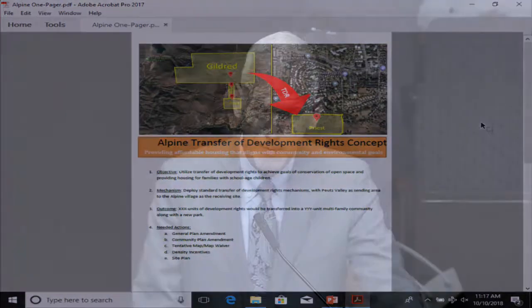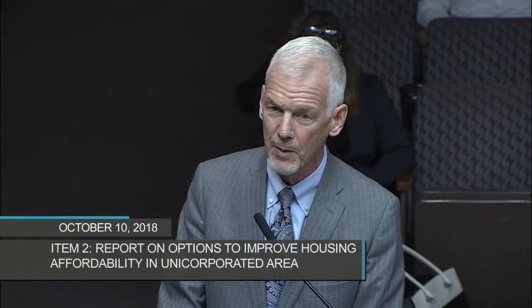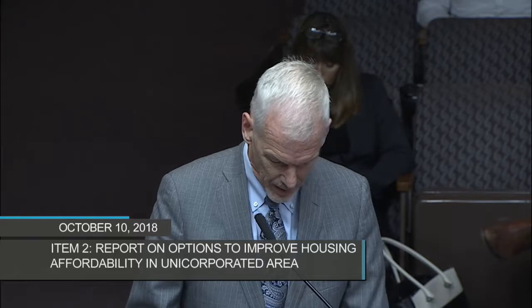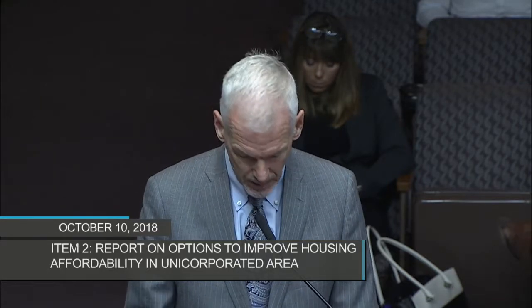We have a mechanism for the first time to think about increasing economic diversity in Alpine, which is hamstrung by a predominance of single-family homes at a very high price point, thus excluding school-age kids and school-age families from locating there. And this is how the high school might be able to happen, if you start to get enough school-age kids and school-age housing.